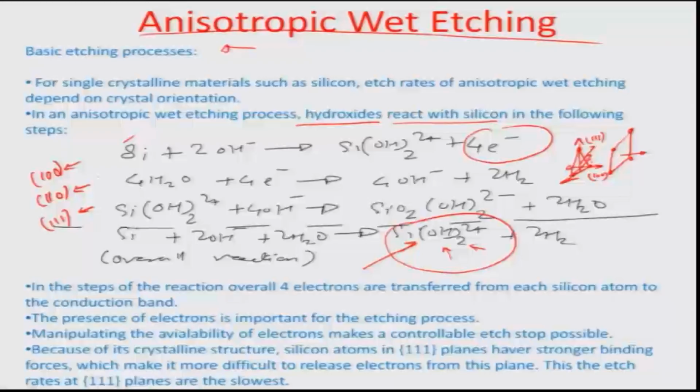So the 111 plane has a stronger binding force to the electron and makes it more difficult to release the electron, okay. So therefore, as we are talking about a 4 electron transfer process which would execute this dissolved state SiOH2 plus from silicon in the anisotropic etch, the plane 100, which has lesser binding of the electron, would be able to furnish more electrons, and the rate of reaction would be more in comparison to 111.